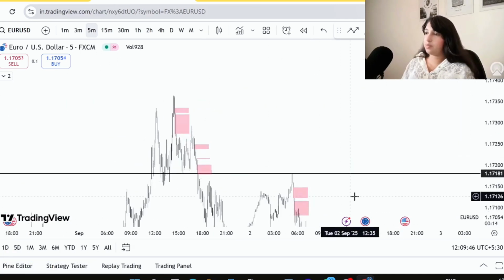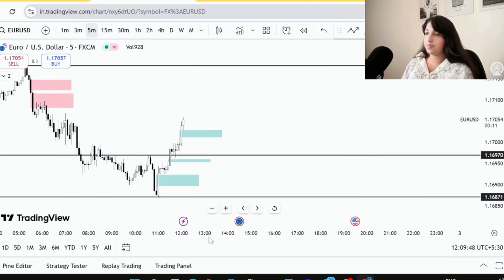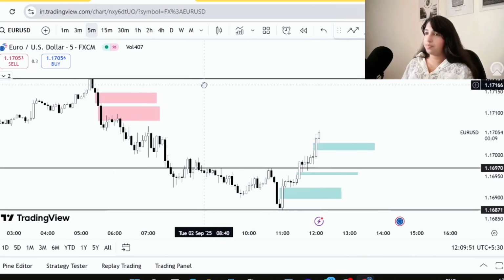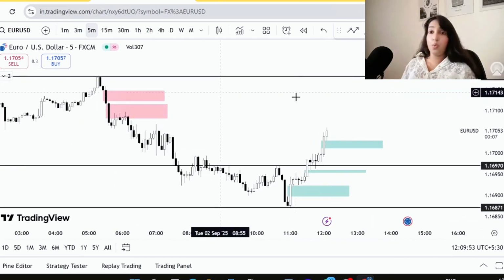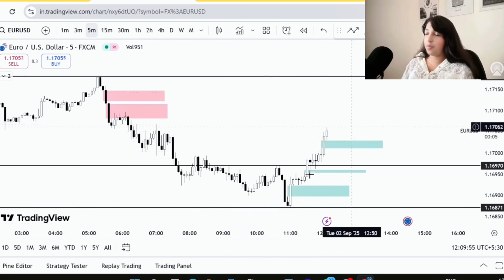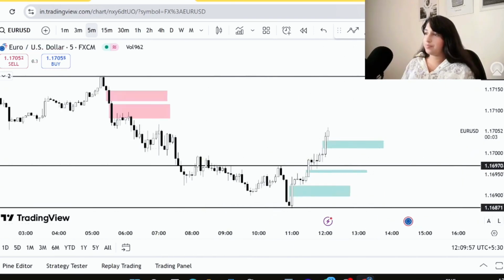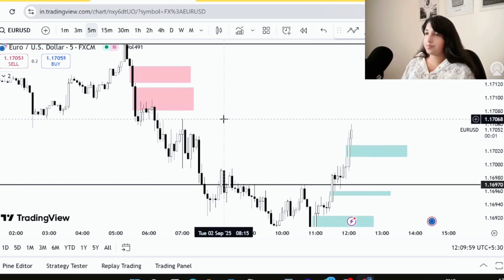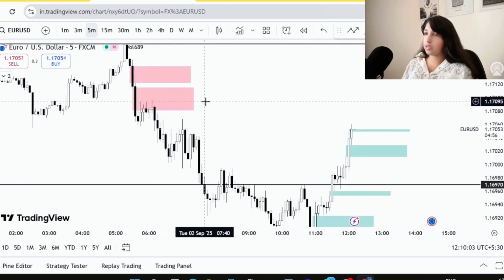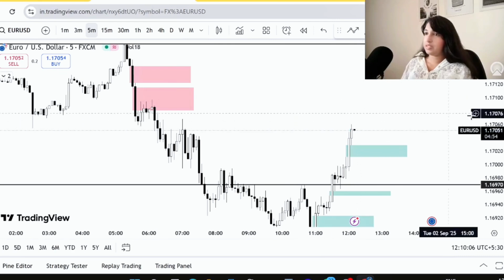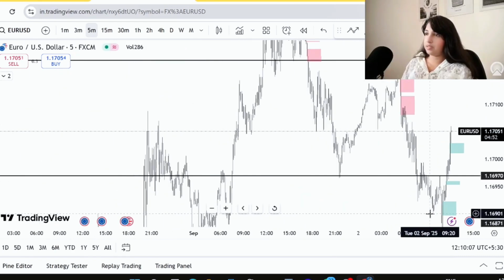But it was in a bigger time frame, right? So let's see where the market gets reversed from, and most probably it can come till here or till here, and we can see a bit of reversal, right?